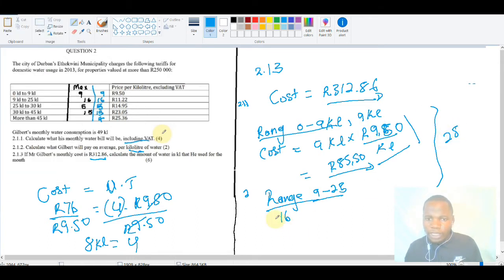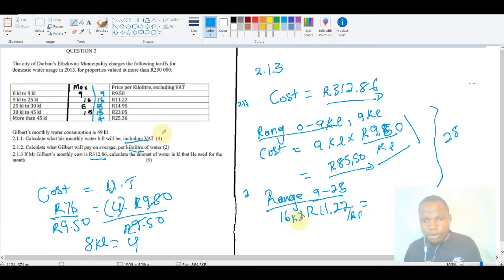So you have 9 kiloliters for the first range, because the first 9 will be accounted according to the first range, and the second one 16 only. So already if we use 25, you'll have 16 in that range. So you have 16 times 11 rand 22. What is the cost there per kiloliter?